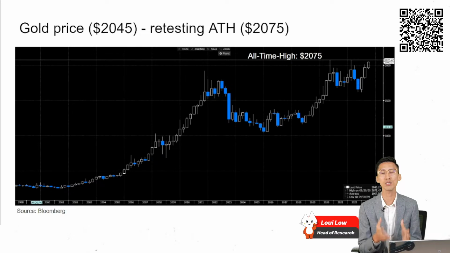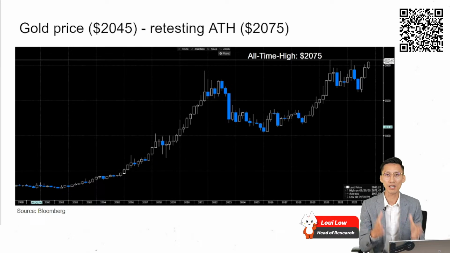Gold is always viewed as the safe haven asset. I'm not trying to say that it is recessionary fear and things like that, but again, gold trading in the all-time high region does give us some indication that people are slightly fearful, and therefore they are putting their money into some safe haven asset right now.